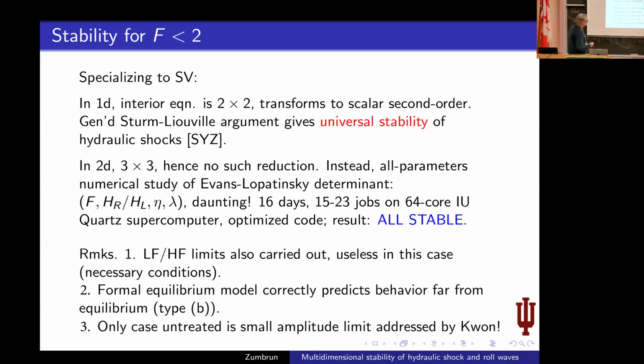Luckily, IU prides itself on the supercomputer, Big Red. And by that time, Zhao was at Urbana-Champaign, and they have a Big Blue, I think. So we had a lot of supercomputers. And it took 16 days on a 64 core machine to check all the parameters, but they're all stable. Okay, so we started to, okay.